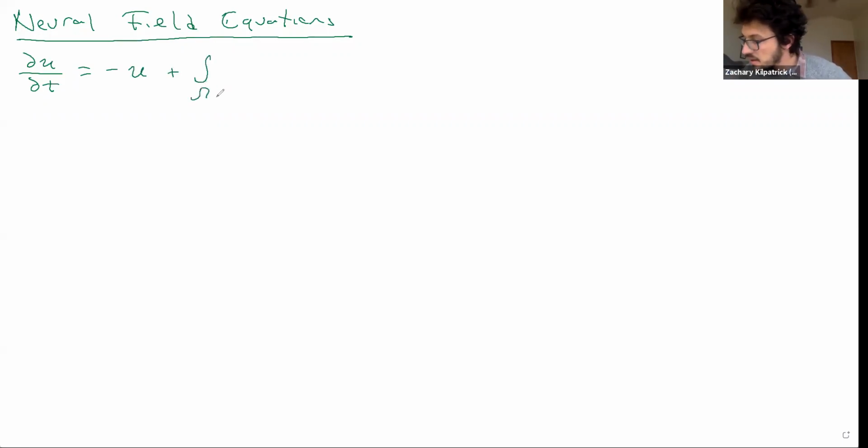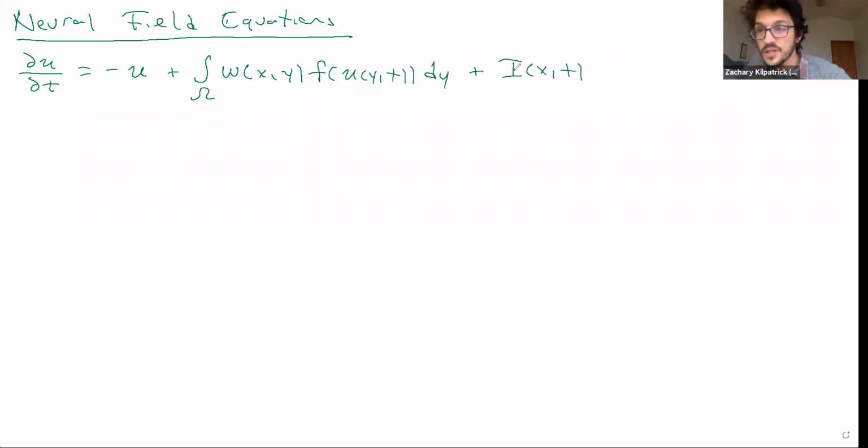And then the way that the level of this variable changes in response to levels of the variable at other parts of the domain, which we'll just call omega for now, is given by this integral operator, the integral of the function w(x,y) integrated against u(y,t) dy. And then we also have some non-homogeneous forcing term I(x,t) here.